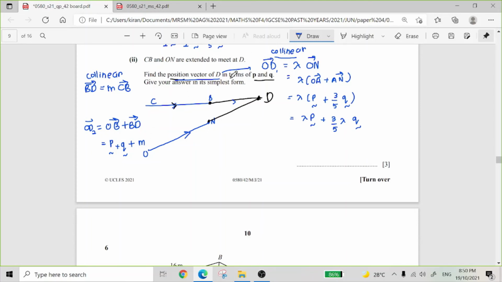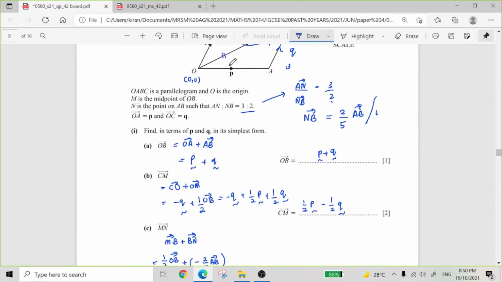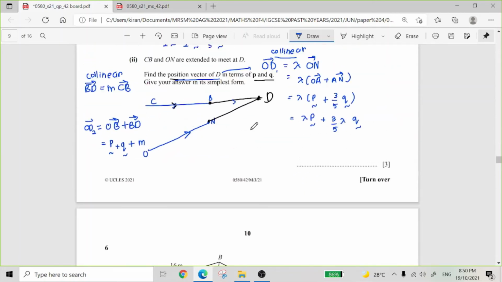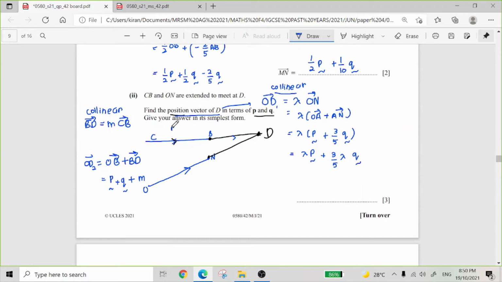CB is P, the vector of CB is P. So I put P here, which means BD is MP.